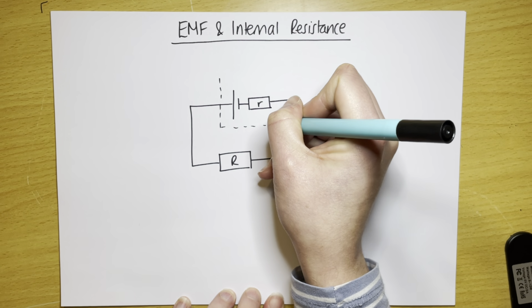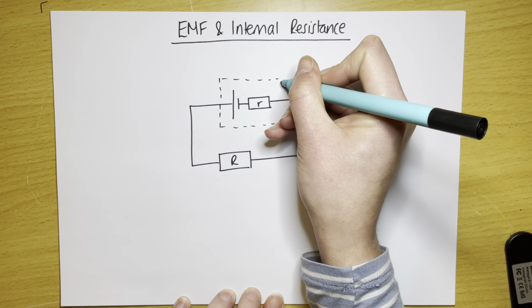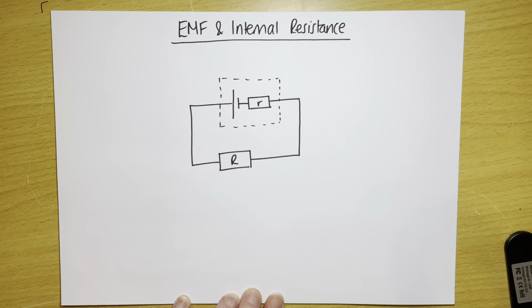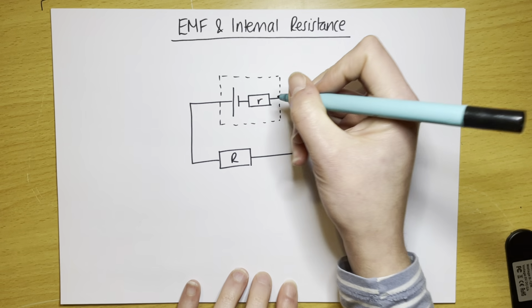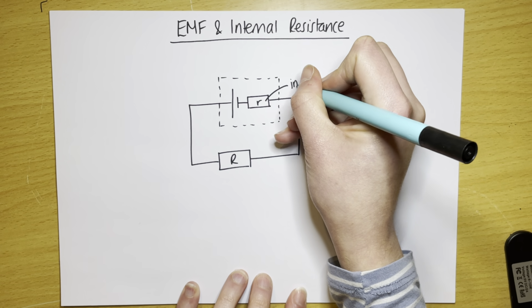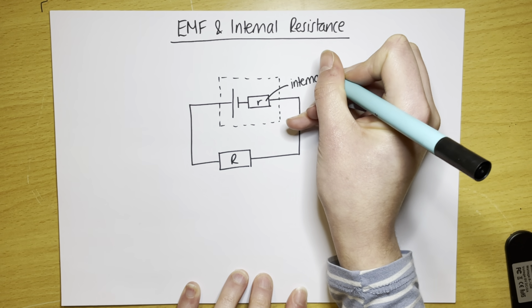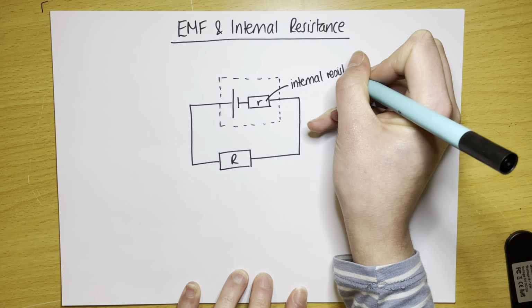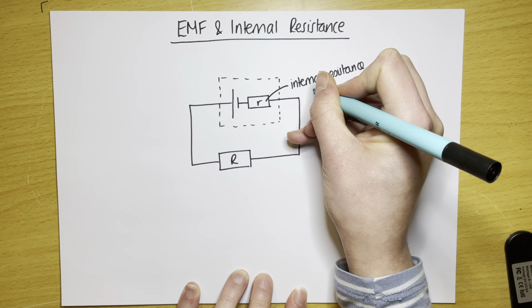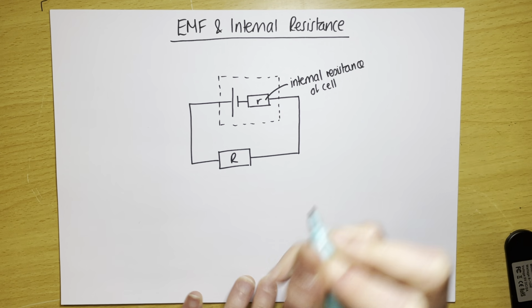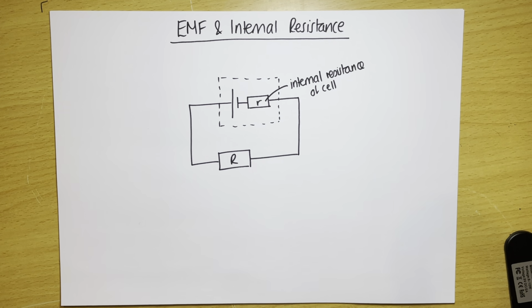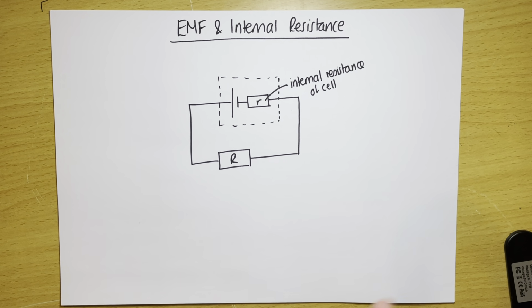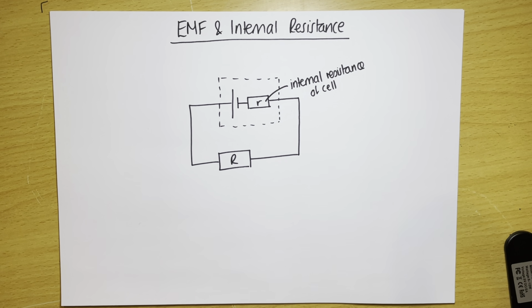Very often you'll get a little dotted box drawn around the cell, and this little r stands for the internal resistance of a cell or power supply, or EMF source. It's not a little resistor in the cell, it's representing all the resistance of the wires, the chemicals, the metals, the materials that make up the cell.